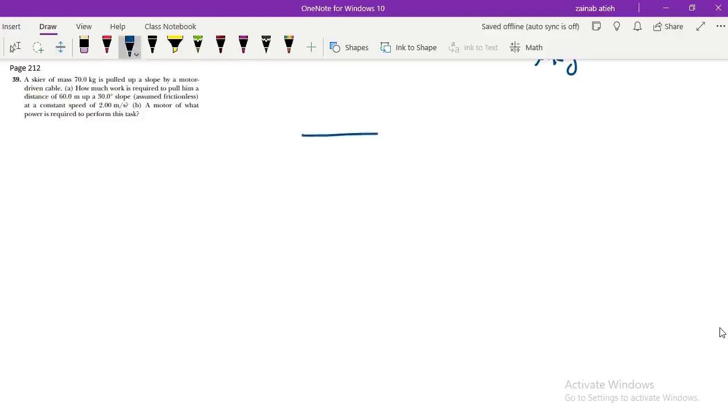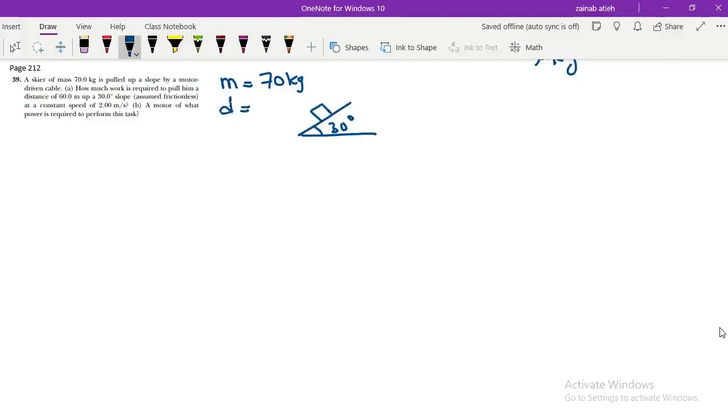So I have a skier. The skier is going upward. I'm drawing it as a block, but it's a skier. So the mass of the skier is 70 kilogram. It's going up an inclined plane. The inclined plane has an angle of 30 degrees, and he's going to move upward a distance of 60 meters.